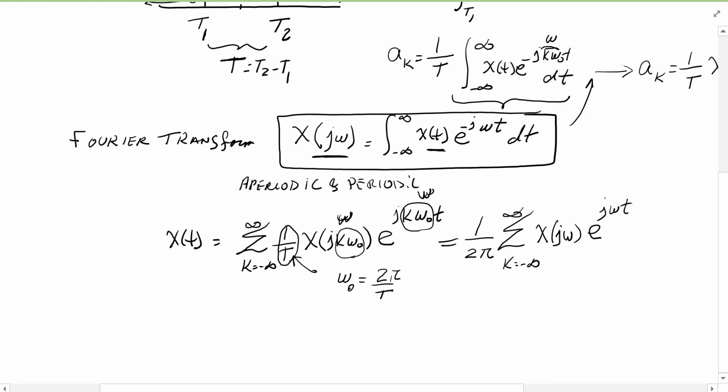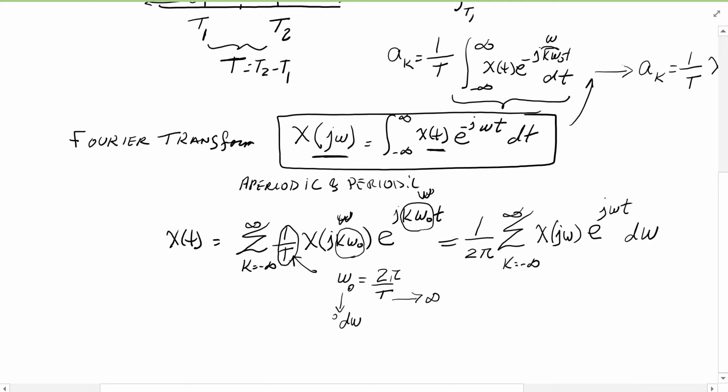Now, the omega 0 gets interesting because t is headed to infinity, right? We assume the whole range from minus infinity to infinity is a period, which makes omega 0 really small, so this will move toward a really small value, so we'll put it in here. As t goes to infinity, omega 0 goes to 0, which we represent with d omega.